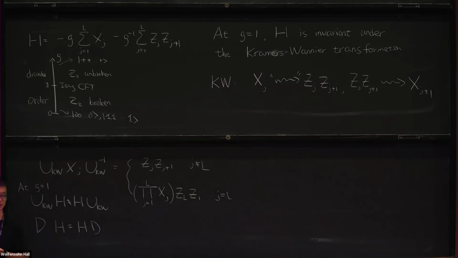But as I emphasized, we're on a closed periodic chain, and there's nothing special about site number 1. And so here we already break that translation symmetry. And also, as you notice, at the very last site, when j equals L, we didn't have the ZZ term. So we did something different at one site on the entire chain.